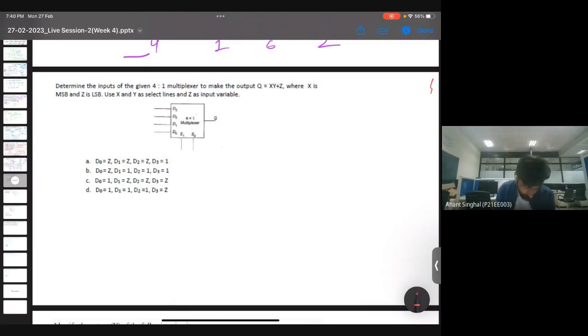So you can try this also. It says that the input of a 4 cross 1 multiplexer is okay. So we need to make Q as XY plus Z, and X is the MSB and Z is the LSB, and XY are the select lines, and this D will be a function of Z. So D3 is the maximum number.